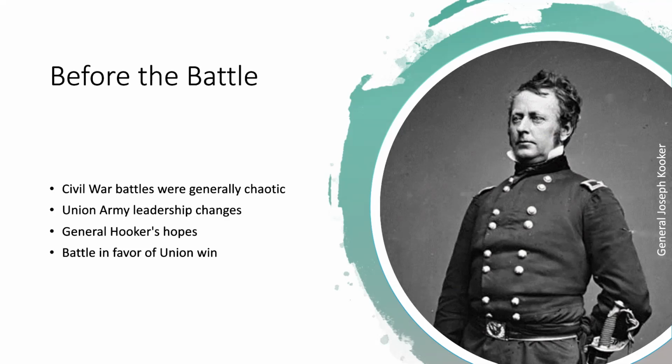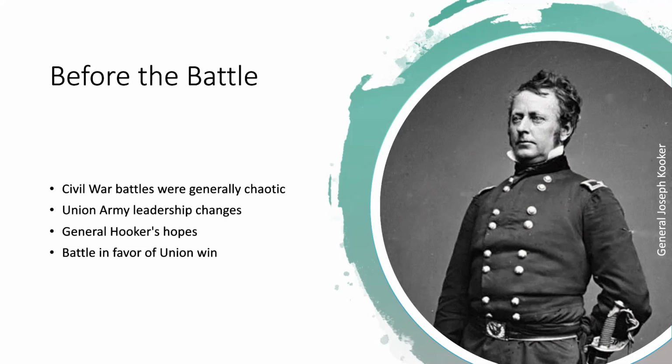Now, Hooker trained his men in hopes to win against the Confederation, obviously, but his goal was to capture Richmond, Virginia. Richmond, Virginia was the Confederation capital. If he captured Richmond, then he would be loved by everyone, and this would make the war easier for the Union to win if they had the capital.